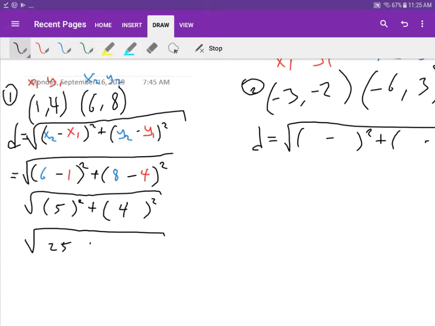And then 4 squared is 16. If you ever get a negative on this row, you did something wrong. So this should always be positive when you square this stuff. So 25 plus 16 is 41. So square root of 41. The distance is the square root of 41. Stop there.